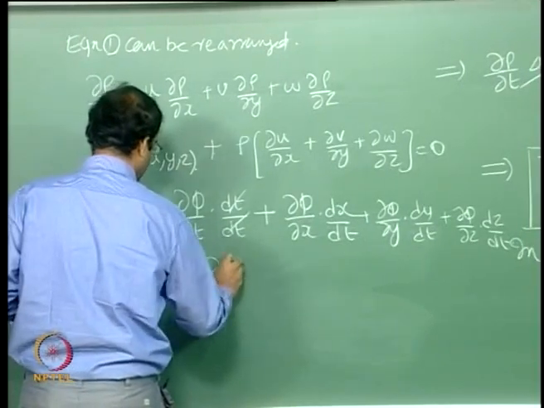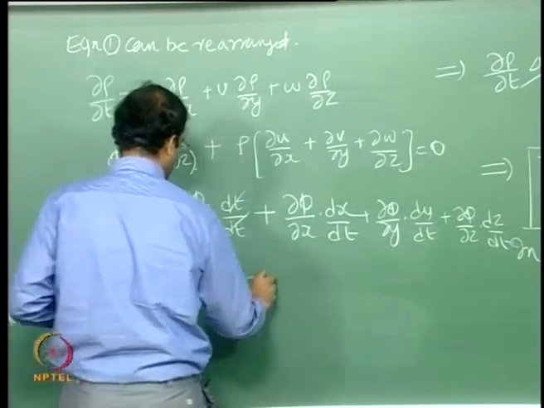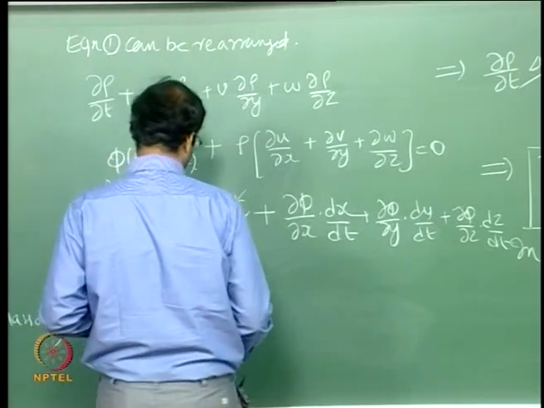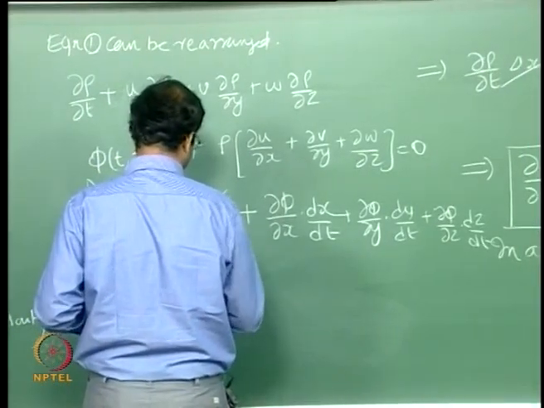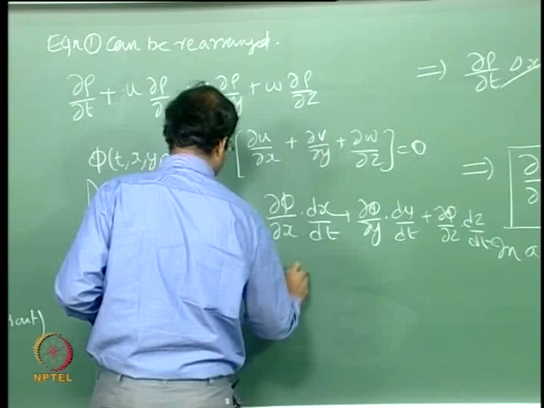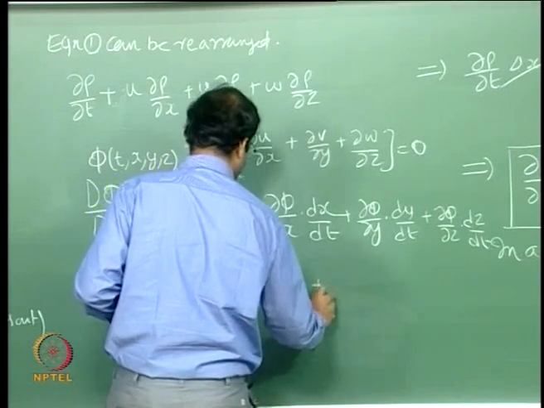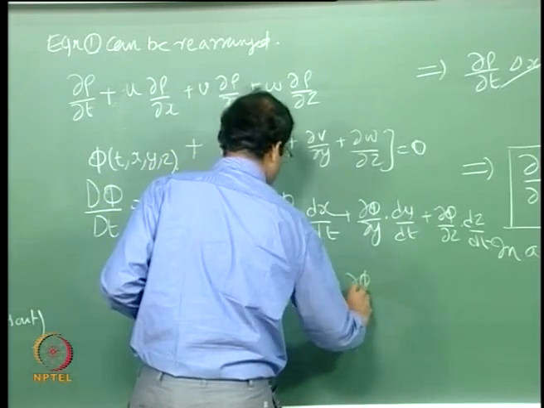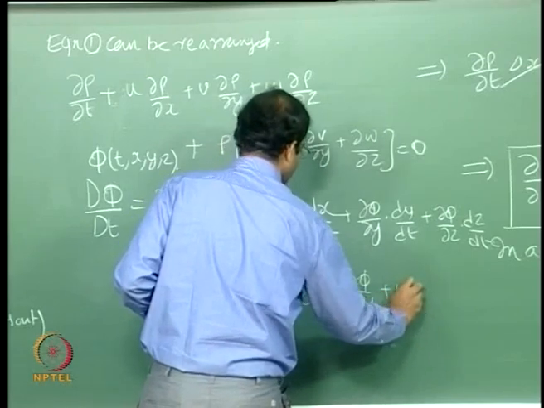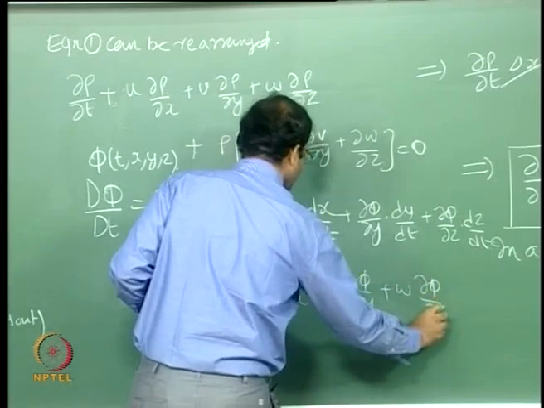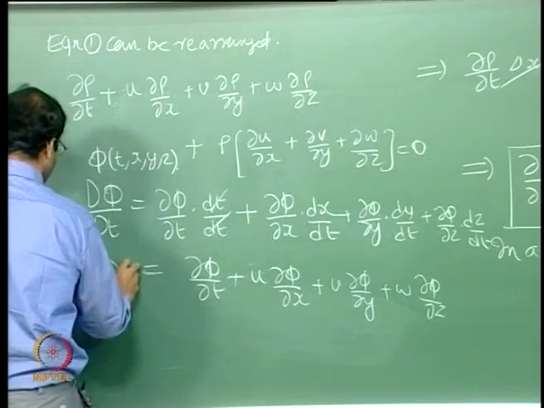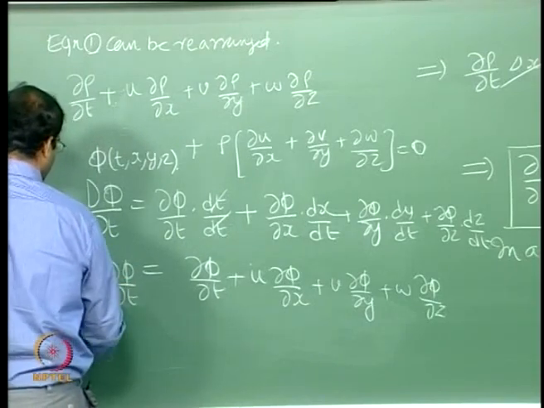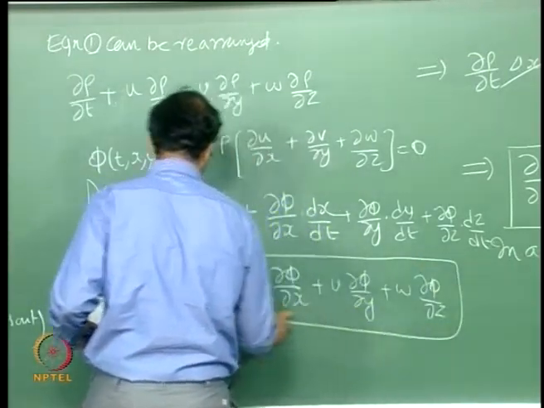So therefore one way to represent a partial derivative of phi with respect to t and in this particular form with respect to x, y and z is to use the notation of a total derivative, so that you can make the notation more compact.